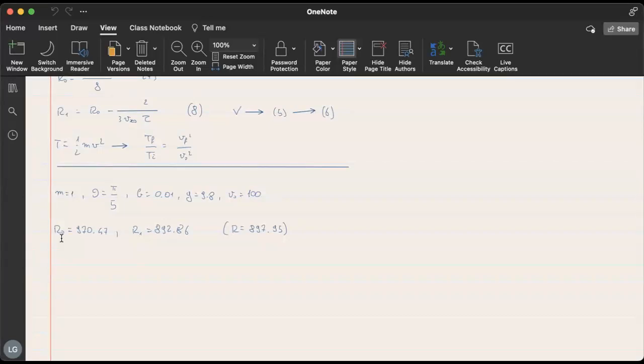And once I know the time, I can calculate Vx and Vy. Vx final is equal to 71.92. And Vy final is equal to minus 56.5.